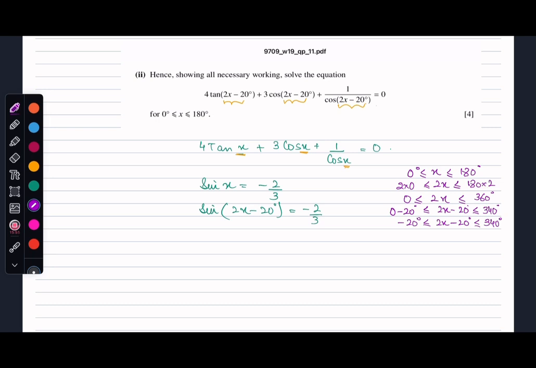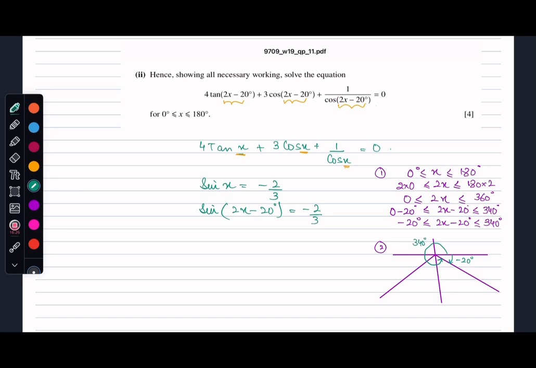Now let's look, this is the first step that we have done. The second step is to locate the quadrant. So sine being negative, I should have this sign in the third and in the fourth quadrant. Sine is negative in the third quadrant, and it's also negative in the fourth quadrant. So these are the two angles that I should have, and I should know here that our given domain is from negative 20 degrees up till 340 degrees.